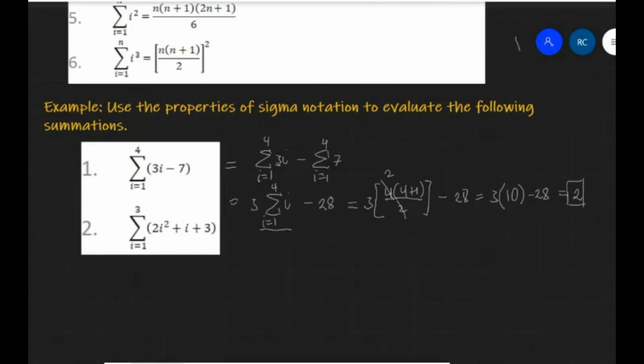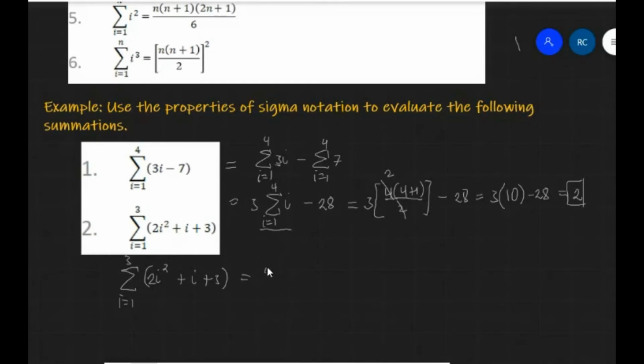Using the property again. So, ito yung magiging summation of 2i raised to 2 plus I plus 3. So, ito ay kailangan i-parenthesize from I is equal to 1 to 3. Okay. May operation between the terms, hiwa-hiwalay na natin. Pero dito, i-separate na natin yung 2, kasi later on, ilalabas din natin eh.